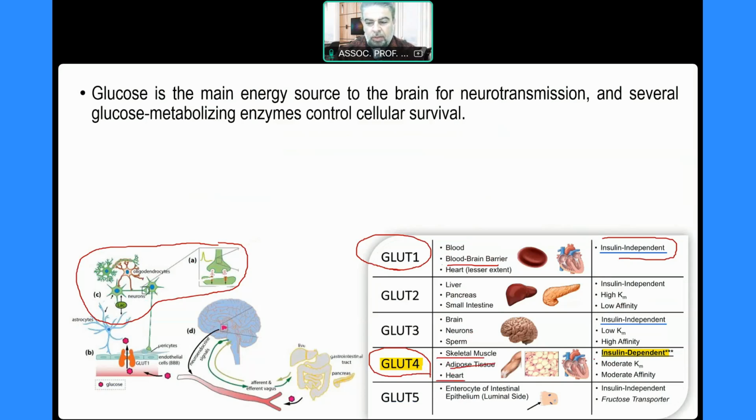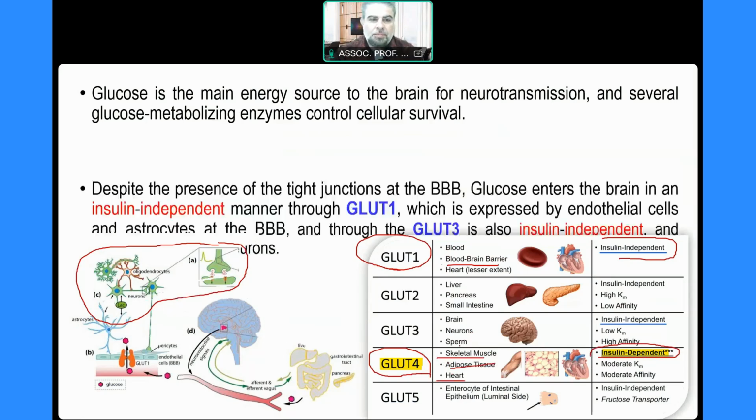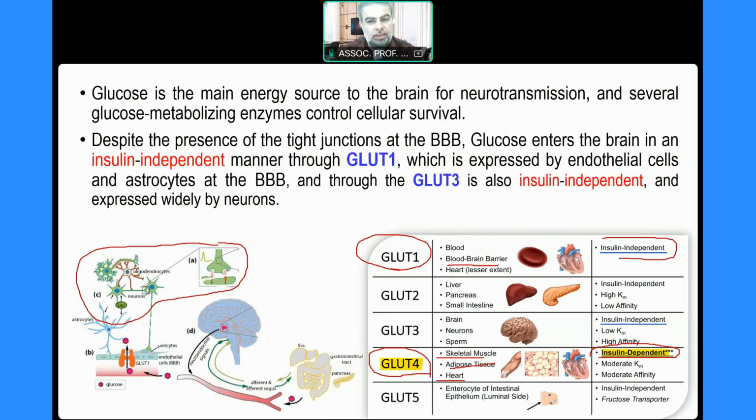Those GLUT4 transporters at the skeletal muscle are insulin dependent, meaning that only in the presence of insulin will glucose be transported from the circulation into the skeletal muscles, adipose tissue, and the heart. Despite the presence of the tight junctions that we explained earlier, glucose enters the brain in an insulin-independent manner through GLUT1 and GLUT3.